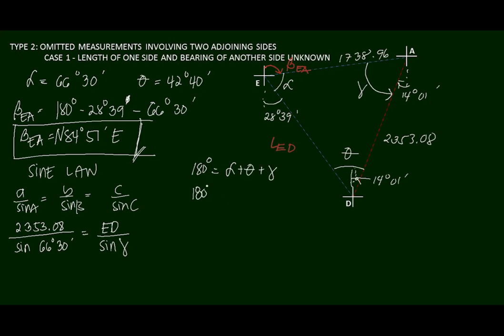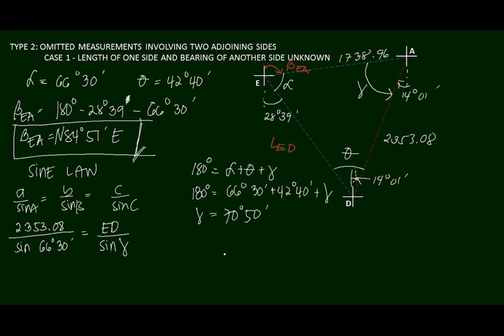So, that is 180 degrees. My alpha, I've already solved that, 66 degrees, 30 minutes. My theta is 42 degrees, 40 minutes. And gamma. So, inputting this in your calculator, the value of my gamma is equal to 180 minus 6630. So, my gamma here is equal to 70 degrees, 50 minutes.